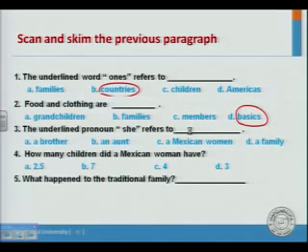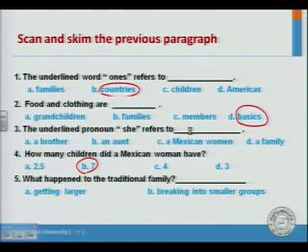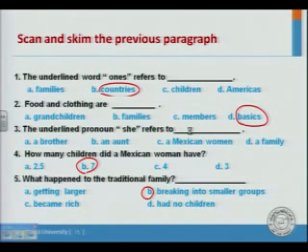You will find the answer clearly: 7. And the last question: what happened to the traditional family? The traditional family has become a nuclear family. So the answer is B, breaking into smaller groups. These are the questions about the reading paragraph.